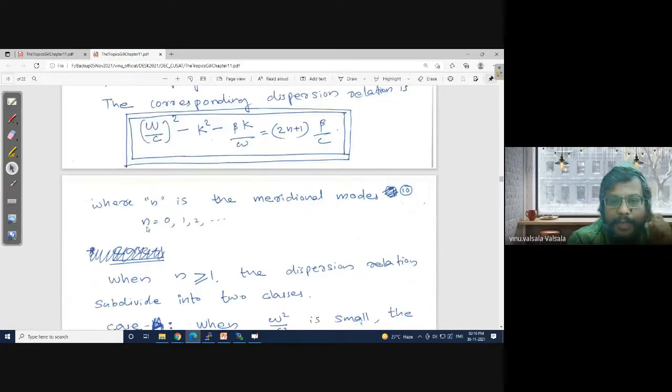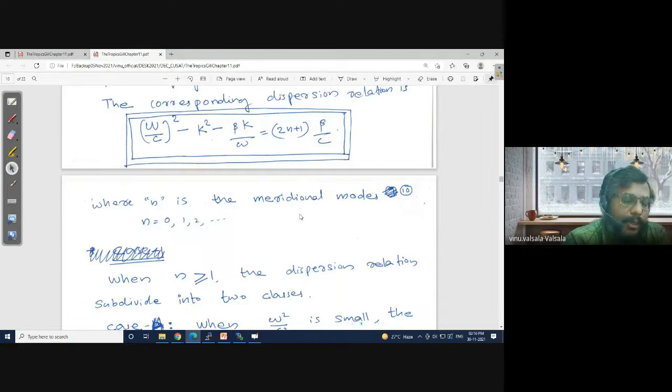Here, n is what we refer to as certain meridional modes. So there are two words coming here: meridional, which you all know, with respect to the meridian, north-south direction, right? And modes. A mode is a unique solution existing in a certain system.